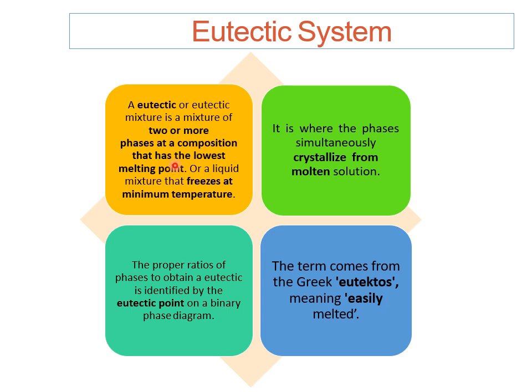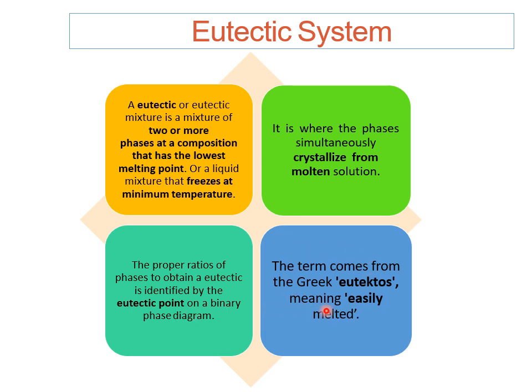So when we talk about melting point, we talk about eutectic. So a liquid normally is going to freeze at the minimum temperature. So when it freezes, it becomes crystallized from the molten solution. The proper ratio normally obtained in eutectic is identified as the eutectic point.